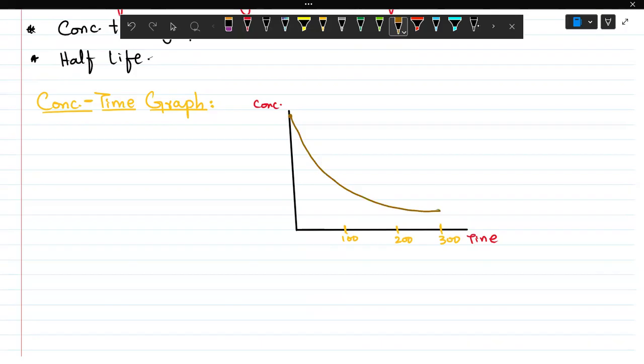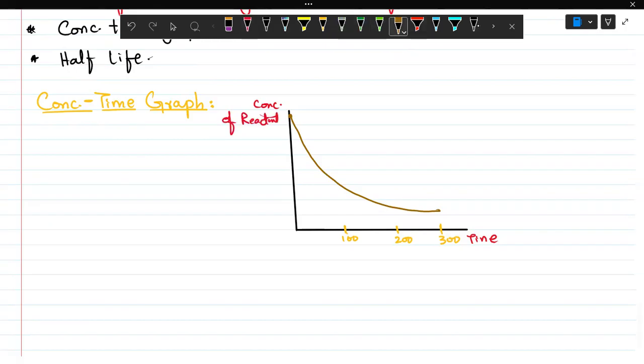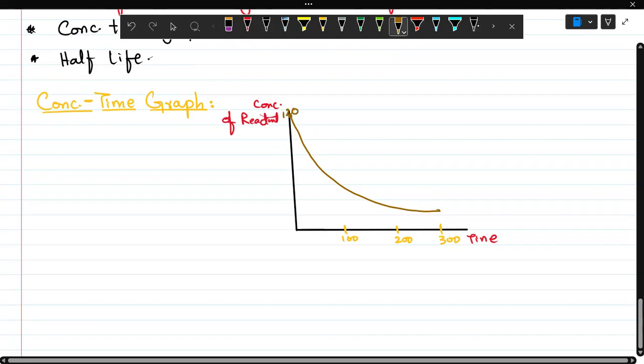Let's see that this is the curve here. And this is the concentration of reactants. The first value here is, let's say, 120.